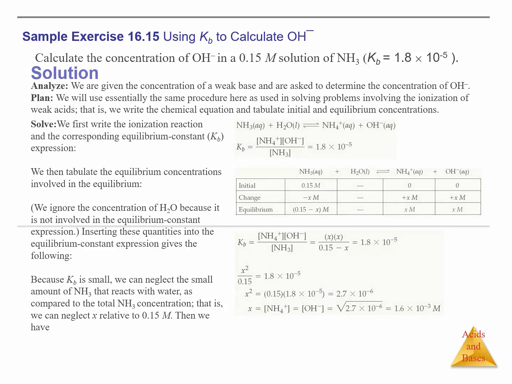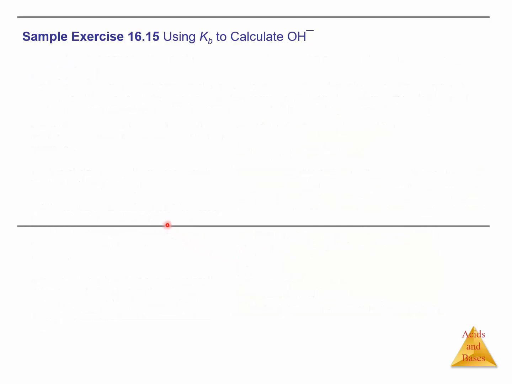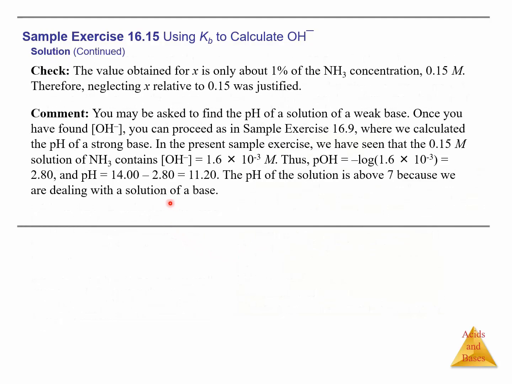Also, you might be asked to calculate the pH. You can calculate the pH of a solution of a weak base. Once you have the value of OH-, you can proceed as we did when we calculated the pH of a strong base. In the present sample exercise, we have seen that the 0.15 molar solution of ammonia contains this concentration of OH-.